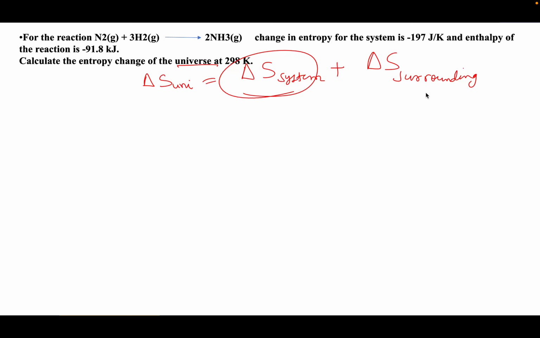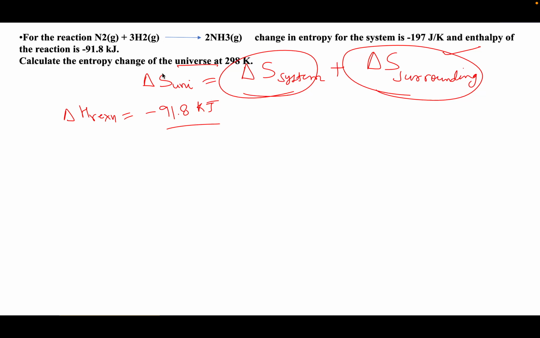So this is given, this is not. So we need to calculate this and add, and then we will get the answer. And what is given here? The enthalpy of the reaction, delta H of reaction, is given, that is minus 91.8 kilojoule.